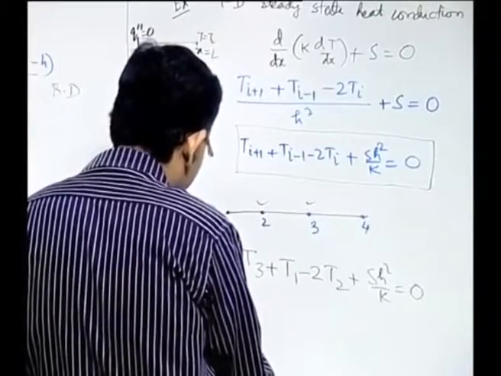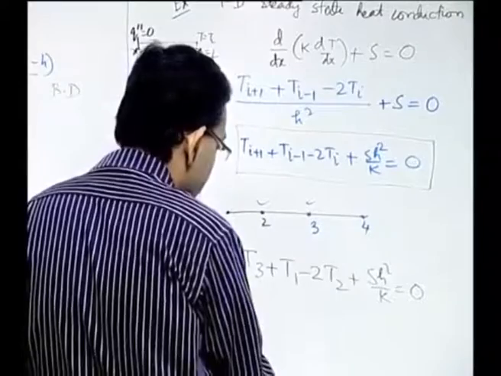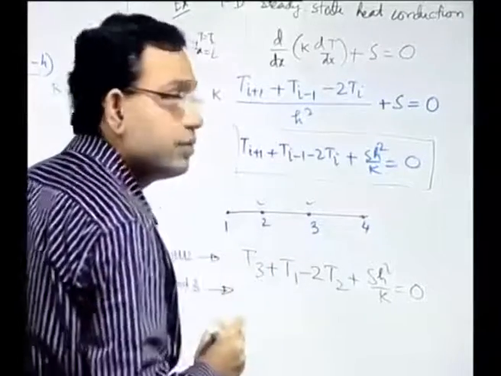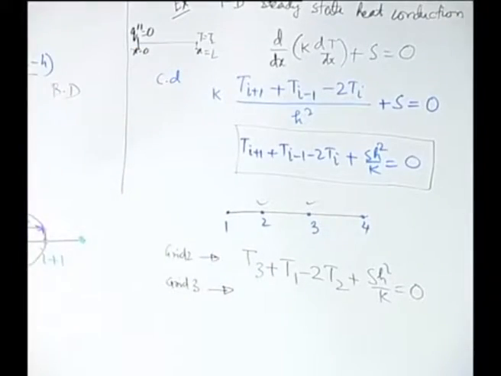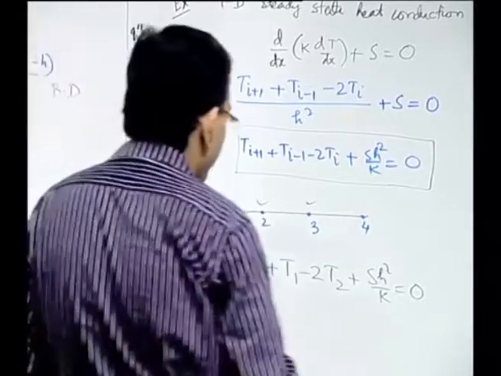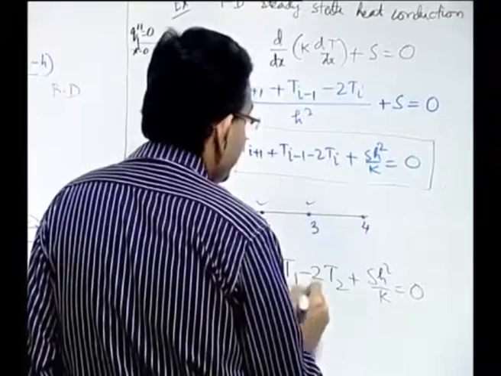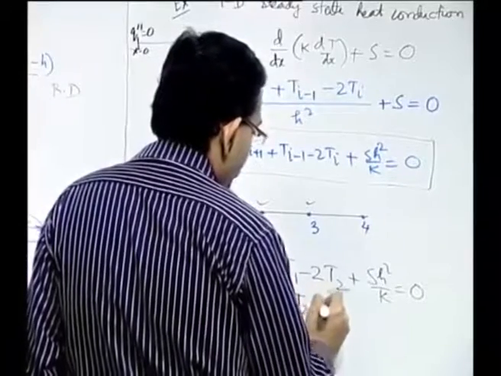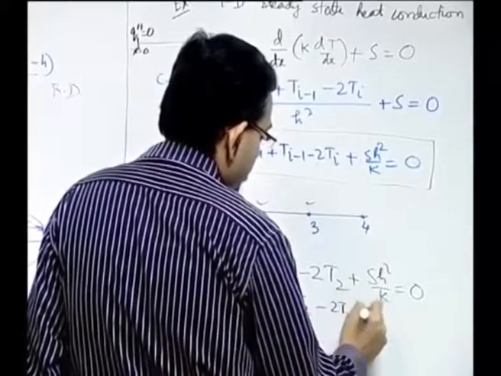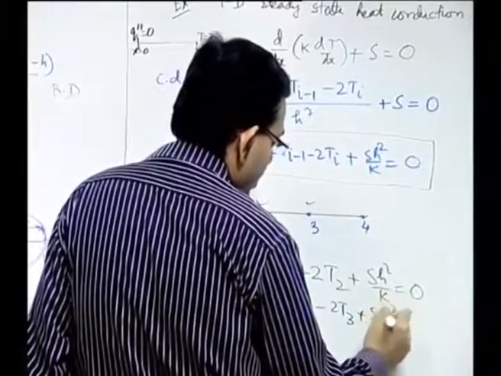For the grid point 3, you have T4 plus T2 minus 2 T3 plus S h square by k equal to 0.